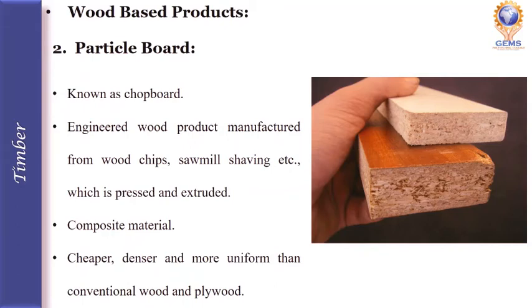Sometimes we can use sugarcane crush to form a particle board. This particle board is a composite material, and it is cheaper, denser and more uniform than conventional wood.